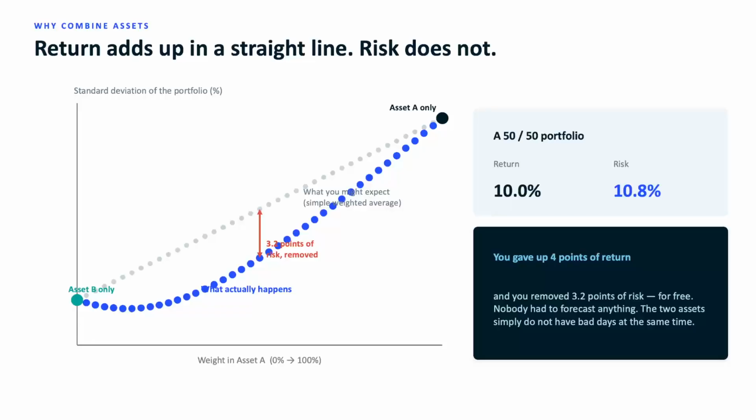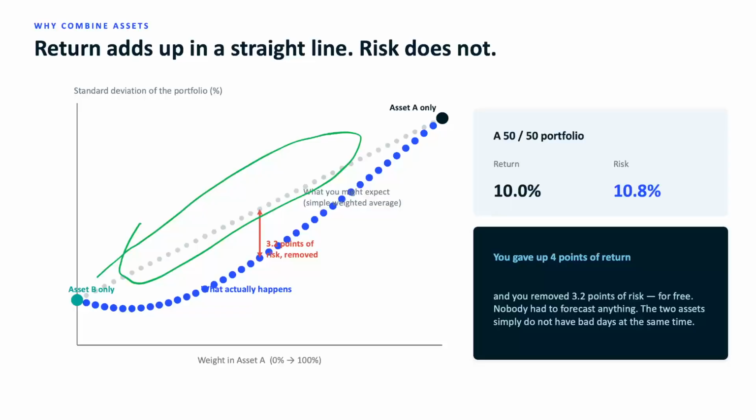The gray dotted line is what everyone expects: a straight line from 8% on the left up to 20% on the right, the simple weighted average. But the blue line is what actually happens, and it sags, bowing away from the straight line downward across the entire range. Go to the middle, 50-50.